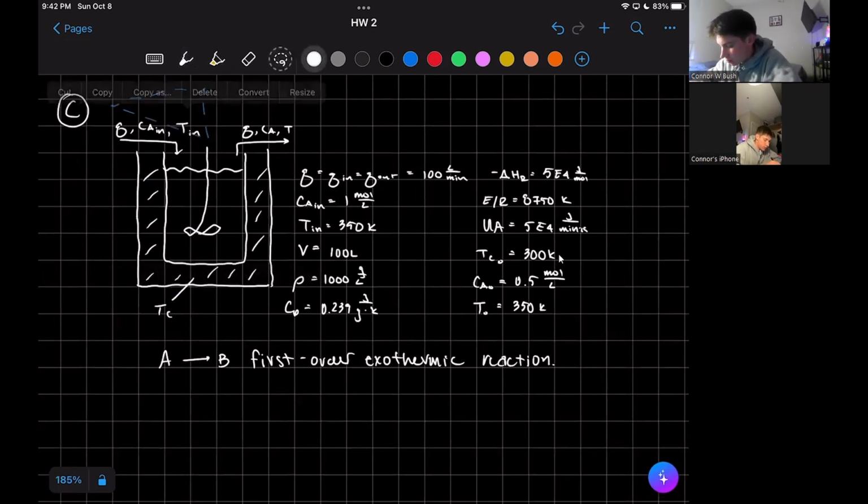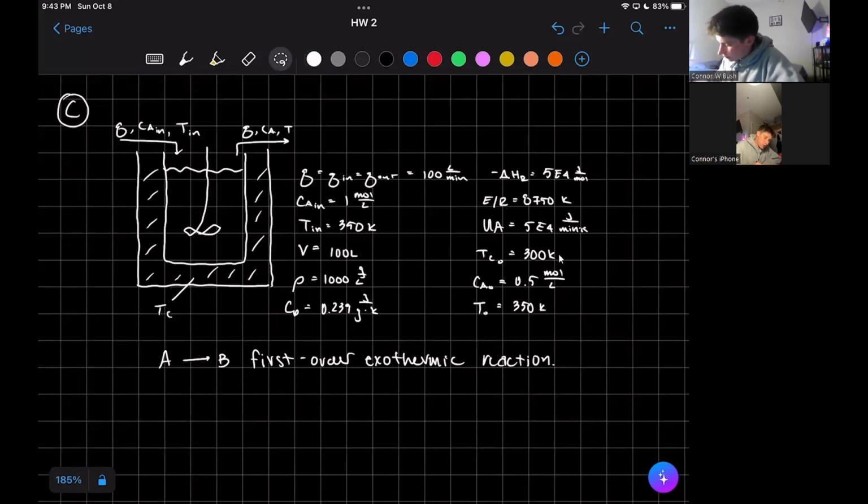There's a given flow rate coming in, the concentration coming in, the temperature coming in, and then the flow rate going out is the same as the flow rate going in. Since it is a stirred tank reactor, we are considering that it's perfectly mixed, so everything coming out is equal to what is inside of the reactor at the time, and the same with the temperature leaving.